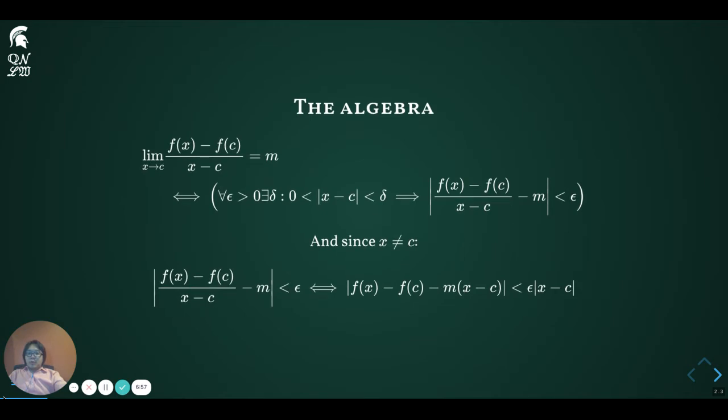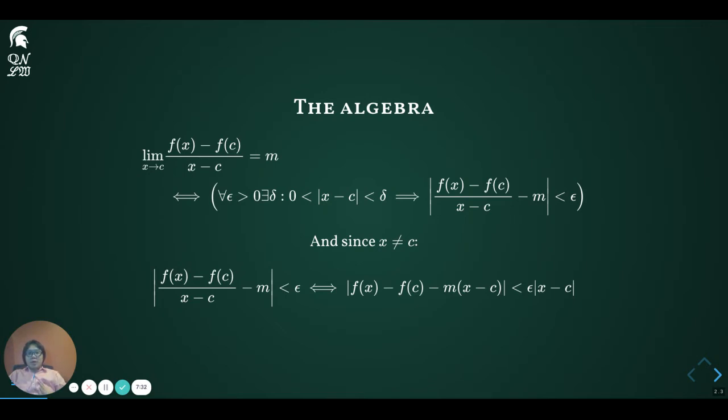Let's just talk through how the two definitions are indeed equivalent. We start with the limit definition. The fact that the limit exists and converges to some number m is equivalent, using what we learned two weeks ago about limits of functions, to the statement that for every epsilon there exists delta such that if x is within distance delta of c, then the difference quotient is within distance epsilon of m.